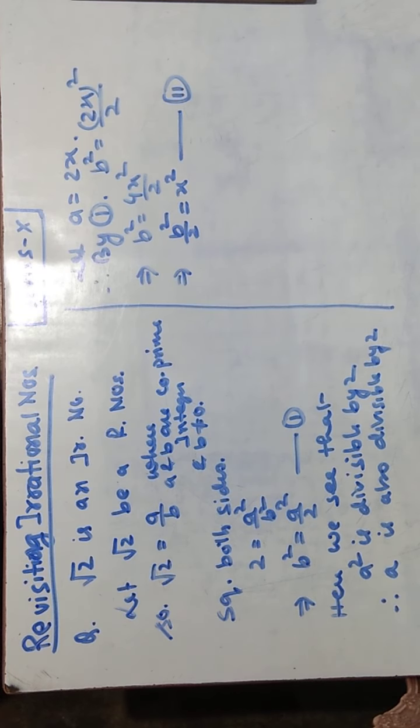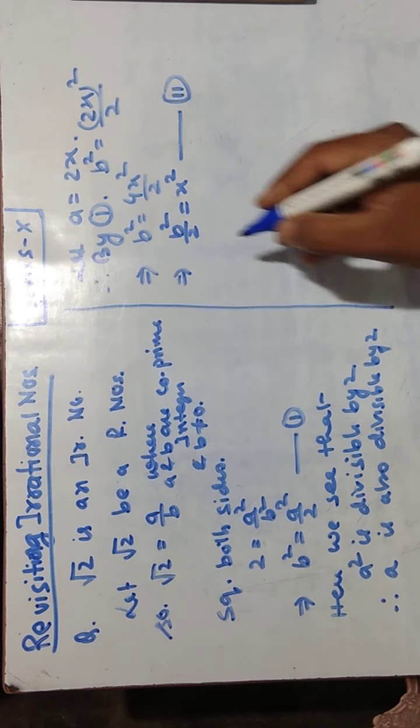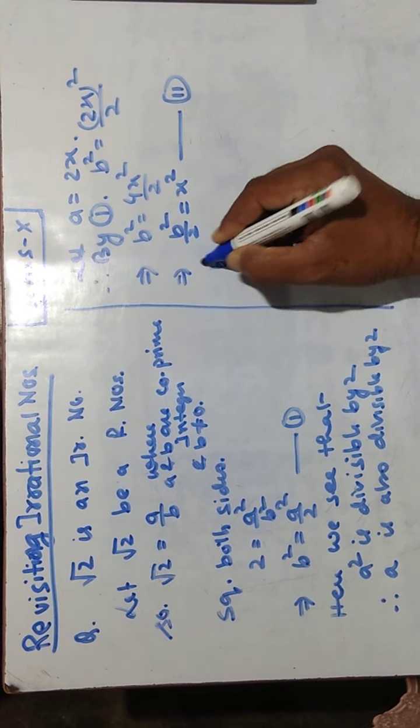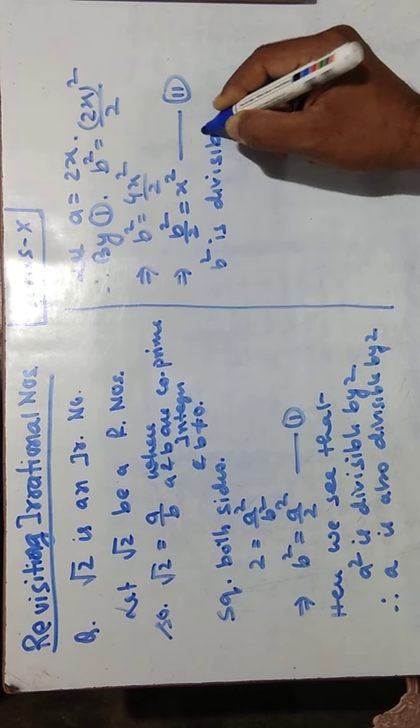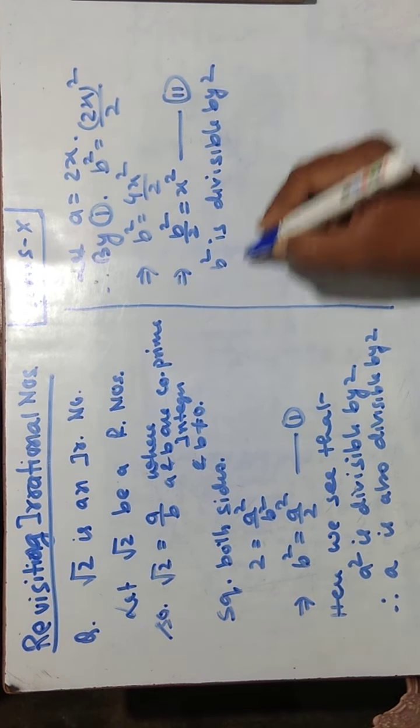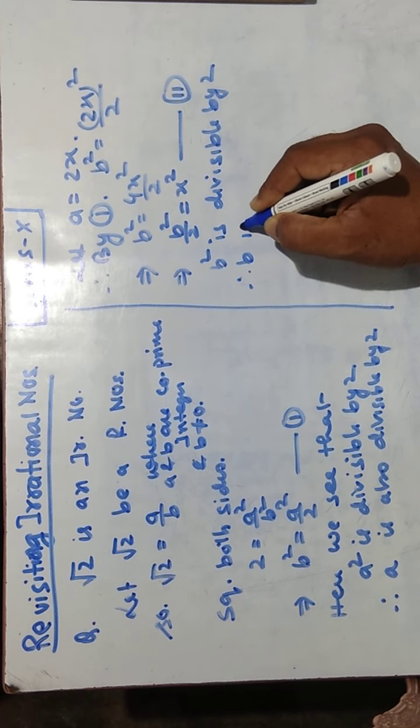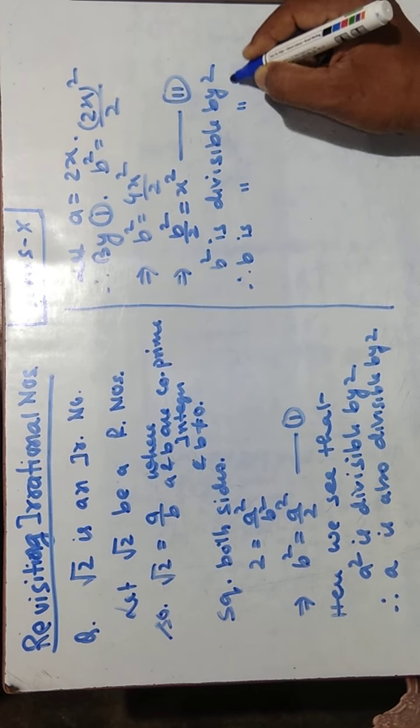This is the second equation. As we have shown in case 1 that a square is divisible by 2, therefore a is also divisible by 2, so here b square is divisible by 2. Therefore b is divisible by 2.